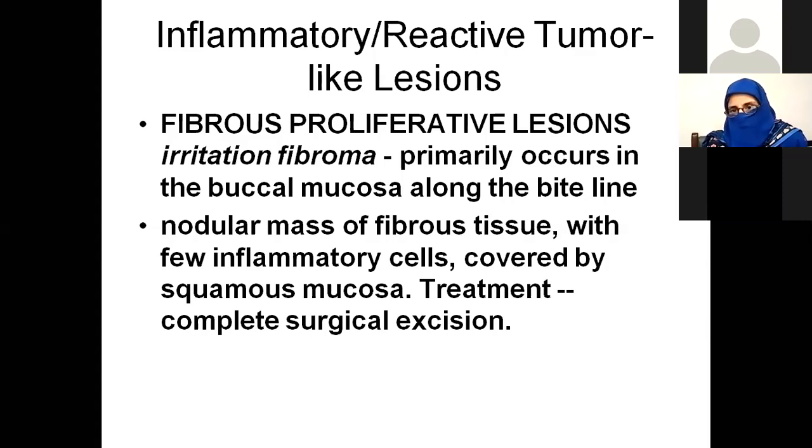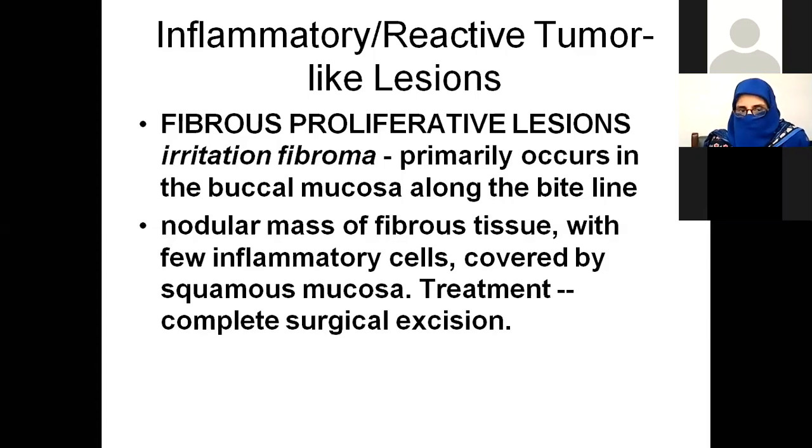This is not epithelium, like the epithelium of the oral cavity which is squamous, but this fibrous term comes from one of the components which make up connective tissue. The connective tissue is made up of what? The blood vessels, the lymphatics, the fat, and the fibrous tissue. So basically, in inflammatory reactive tumor-like lesions, there is abrupt, exuberant proliferation of the fibrous tissue.